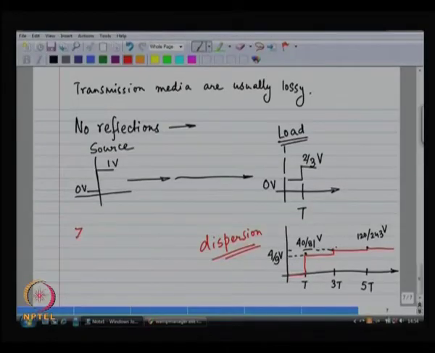Okay. Now, something else happens when you manage to do so. This is something that we like. Now, suppose by some quirk of fate Z naught is not exactly equal to ZL.